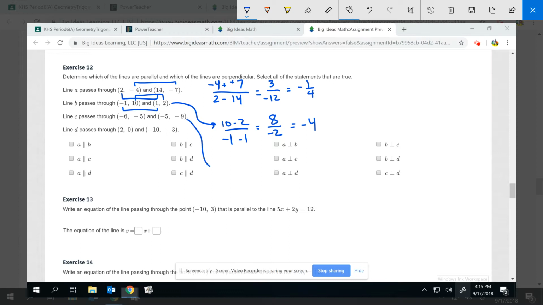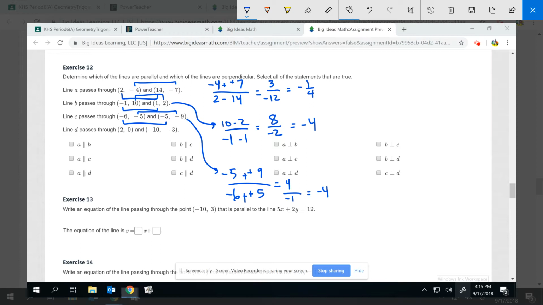And then this one down here, you're looking at a -5 minus -9, and you're looking at a -6 minus -5. Double negatives on both of those. So that's going to be a +4 on top and -1 on the bottom. That's going to give you a -4 slope.